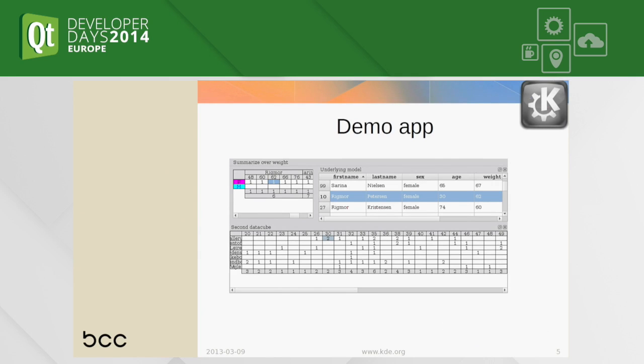It shows 100 randomly generated Danish names and genders and age and some other things, and it is aggregated in 2 different data cubes. It is the exact same data, which is in a table view, and in 2 different data cubes with one person selected, and all of it is synchronized.